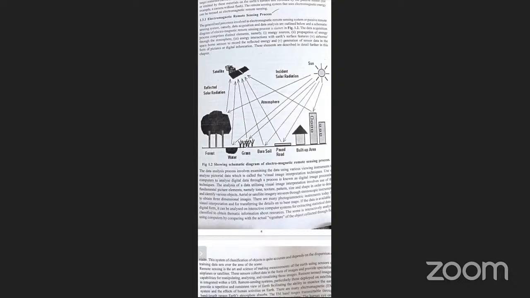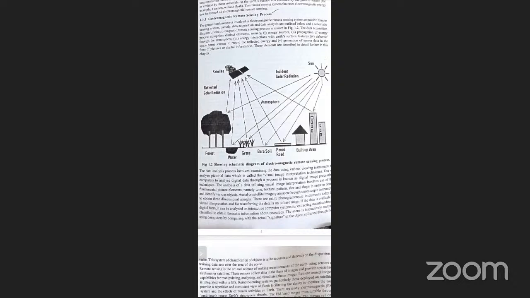For viewing purposes, red, green, and blue false color assignments are also used to express the reflective quantities of objects within the electromagnetic band length.